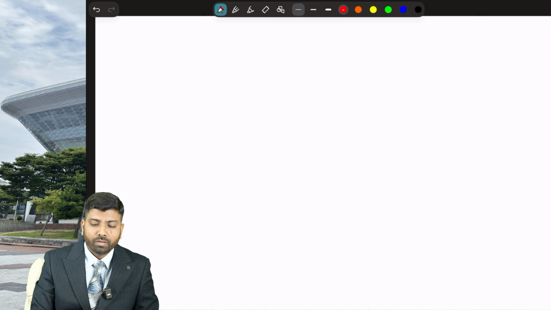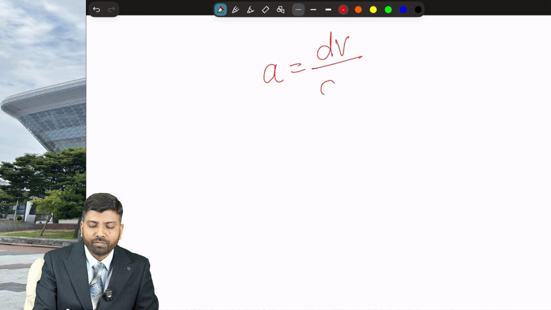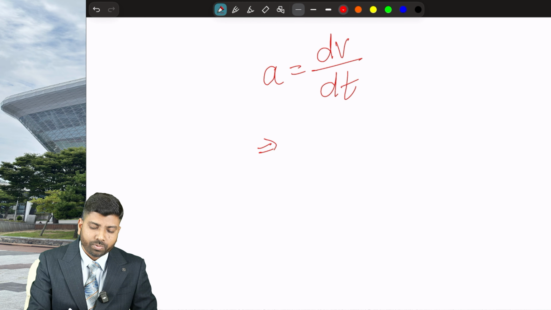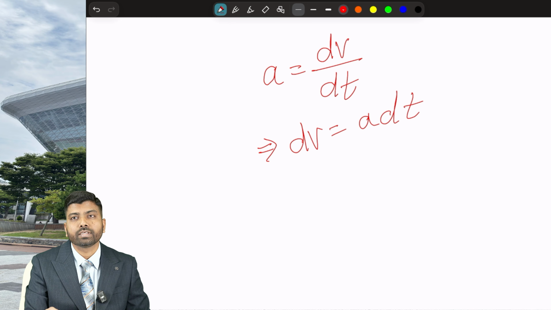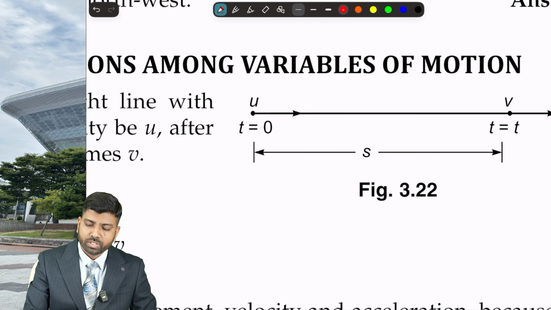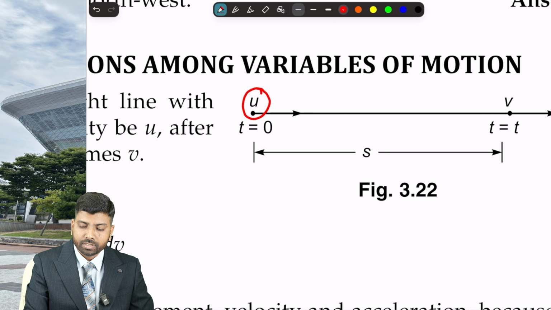If you remember, if the object is accelerating uniformly, then acceleration is dv upon dt, right? So in the next step, can I write dv equal to a dt, acceleration into dt? Now, the motion starts with initial velocity u, and after t seconds the velocity becomes v.